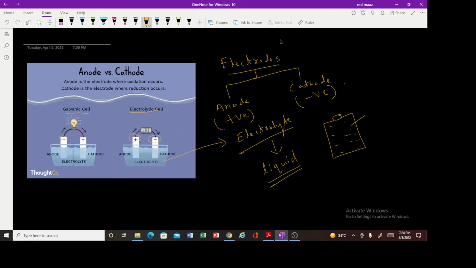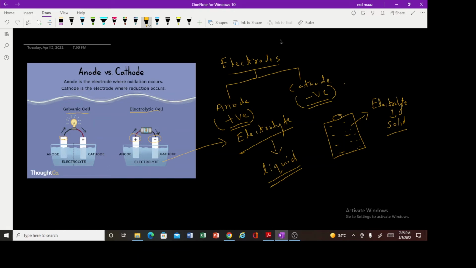This will be our electrolyte, which is in the form of solid, but most of the time the electrolyte is liquid. So you have to remember that anode is always positive whereas cathode is always negative.